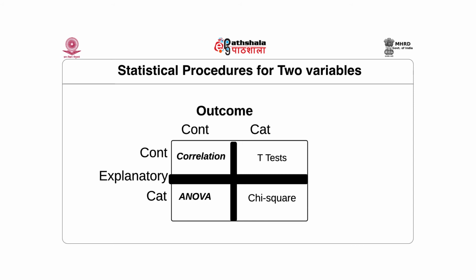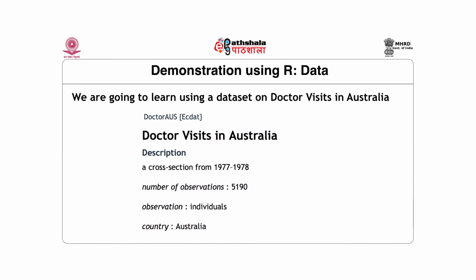So enough of getting on with some of the preliminaries that we set out to discuss. It's time that we start putting everything together using a demonstration using R. In order to do that, we are going to use a data set which is contained within a package known as ECDAT.